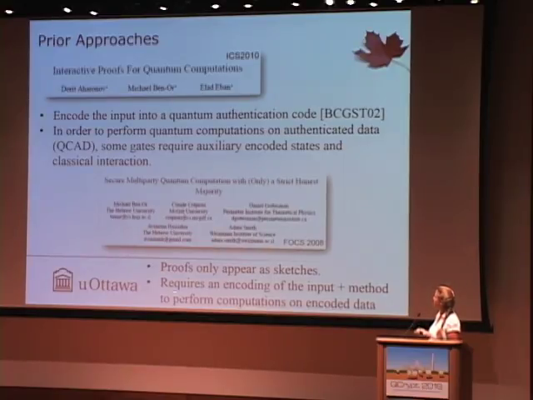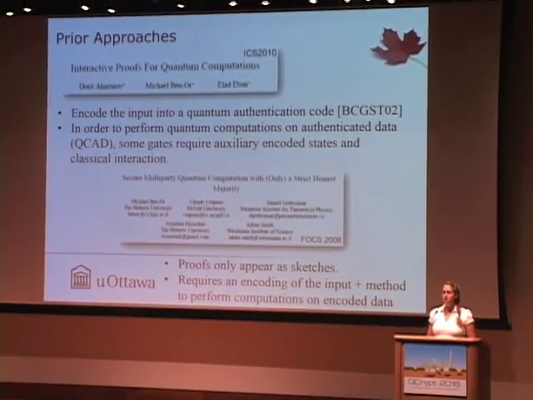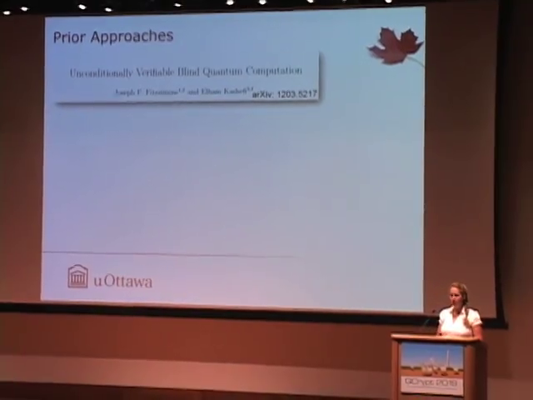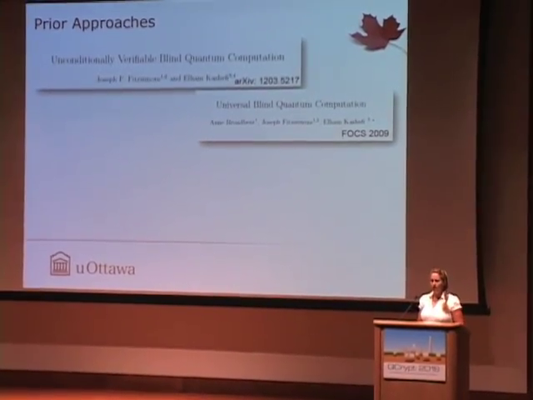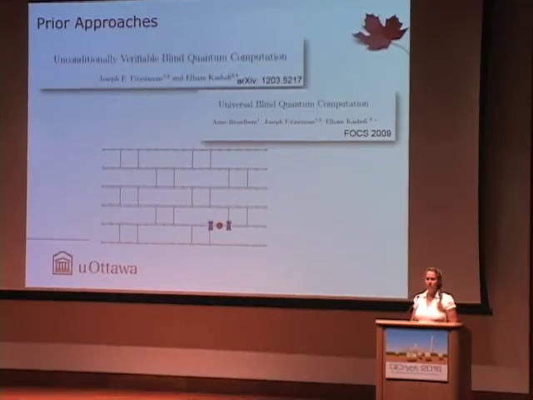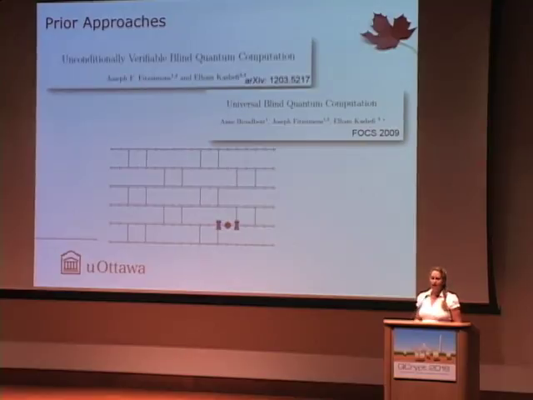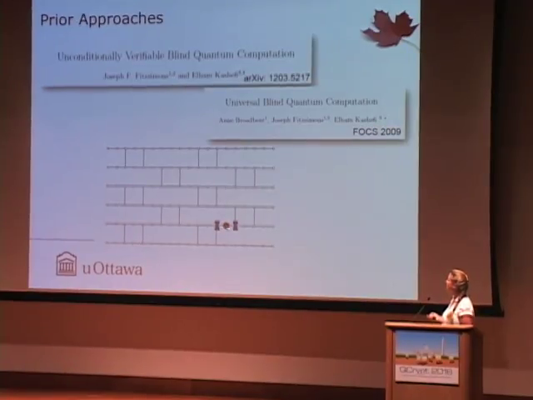The other drawback is that the requirements from the point of view of the verifier included an encoding technique as well as a method to perform computations on the encoded data. There's another approach that originates from blind quantum computation. The idea from unconditionally verifiable blind quantum computation is to encode a computation into a graph state. Within that graph state, some of the qubits are in a deterministic state.